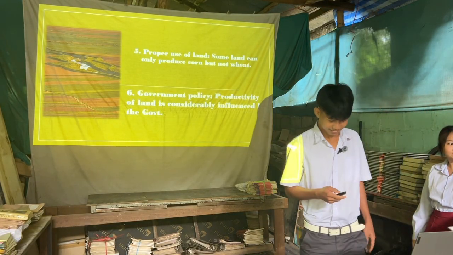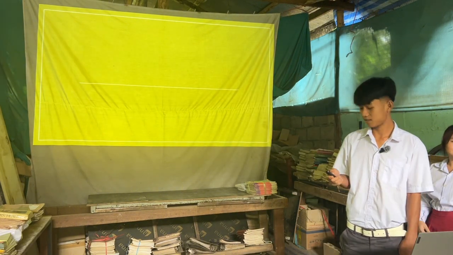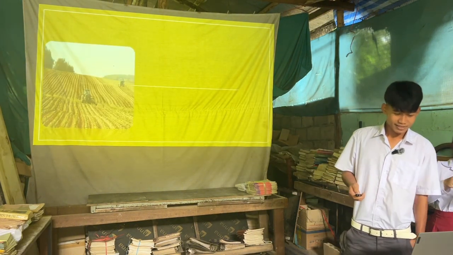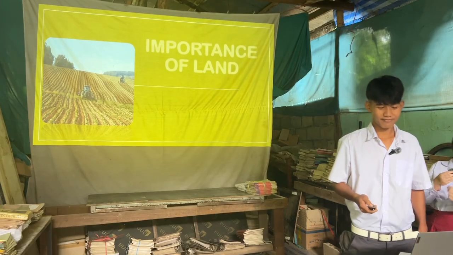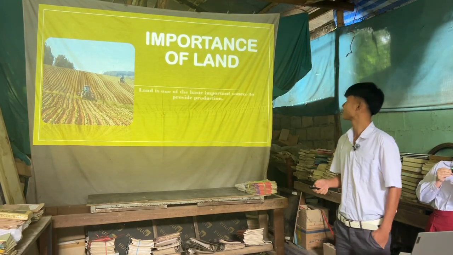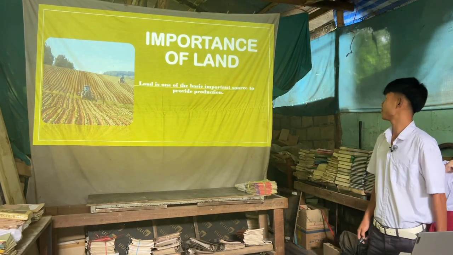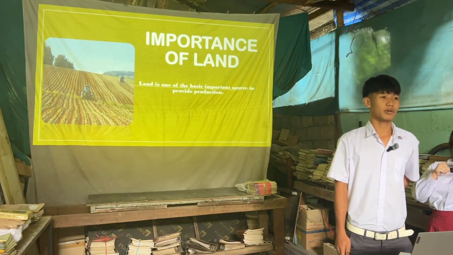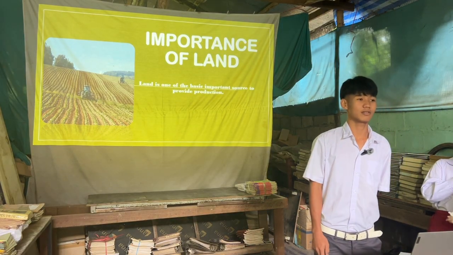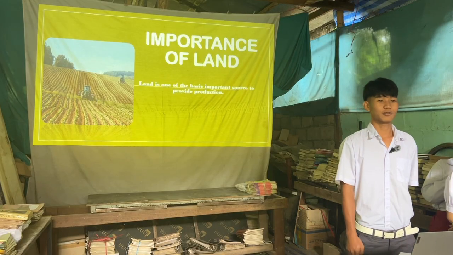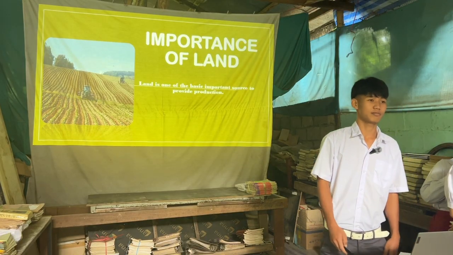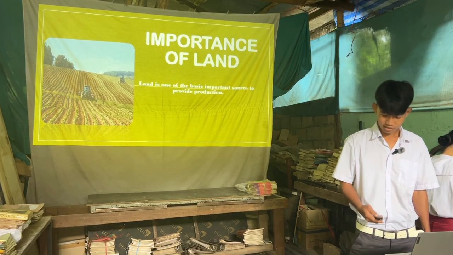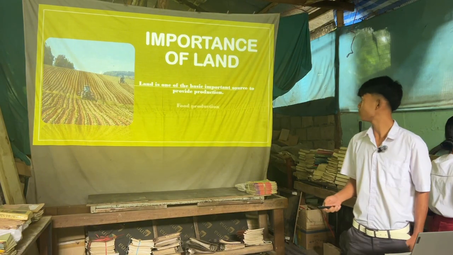Now let's continue to the importance of land. Land is one of the basic and important sources of production. Land is really important for human beings' livelihood, to make their life and to build their houses and anything else.